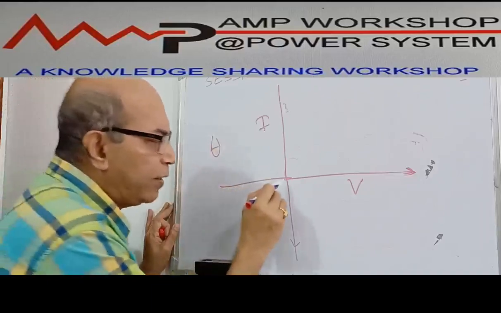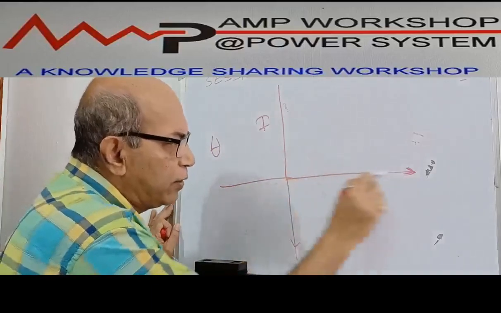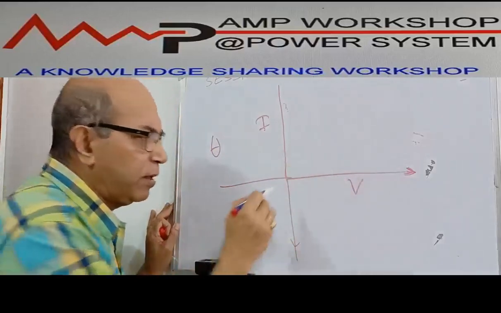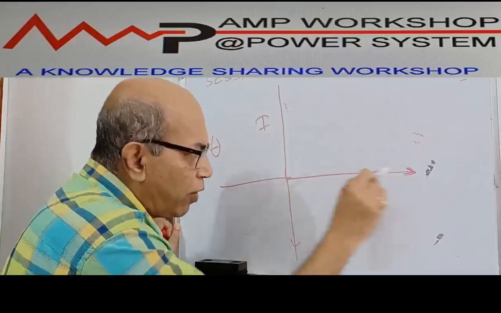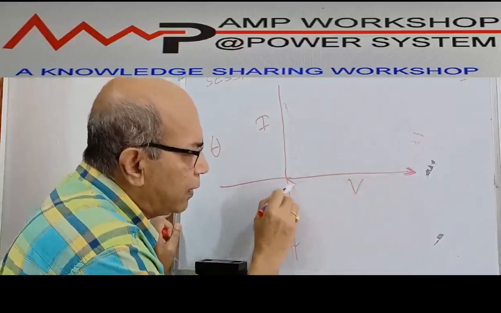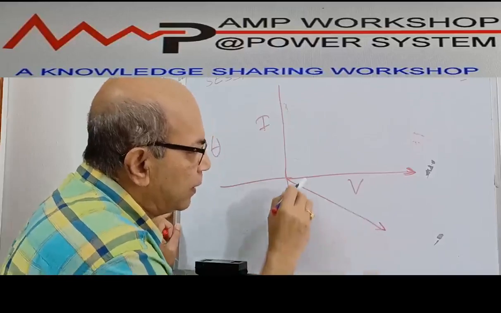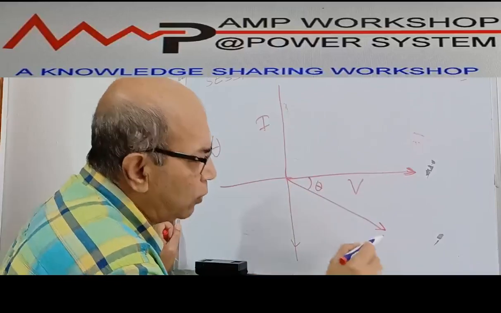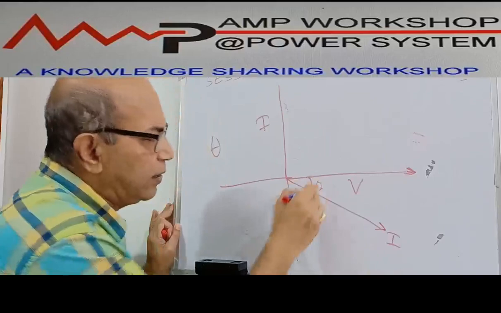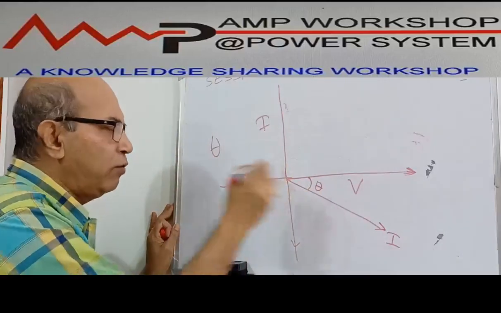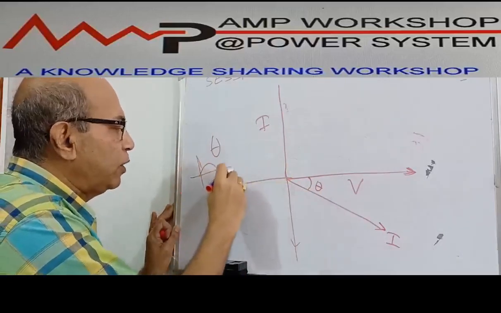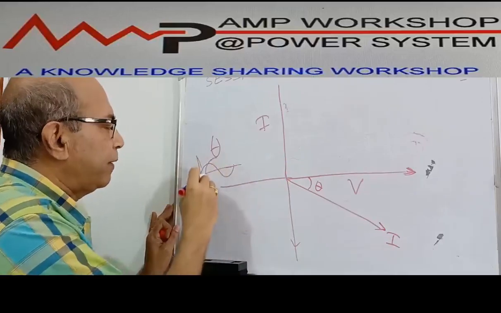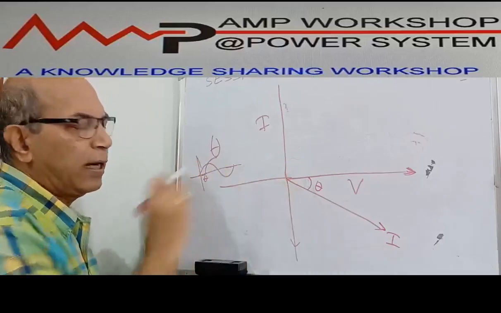Lagging is always represented as clockwise, so this way. This angle is theta. This is the magnitude of the current and this is the angle. When you represent it in the waveform, suppose this is 90 degrees, it starts from here, and this angle is theta.